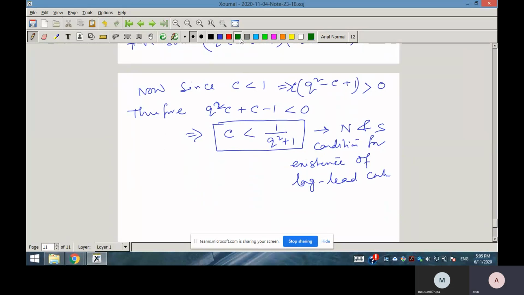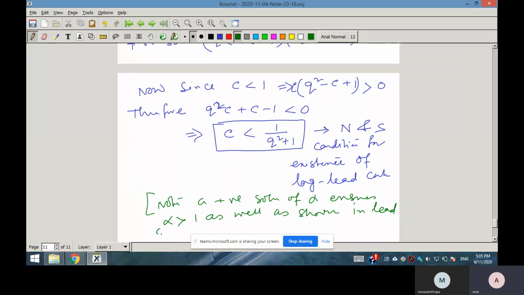So as I said, I am just writing a note: a positive solution of alpha ensures alpha greater than 1 as well, as shown in the lead controller case. So again, I am not saying that.